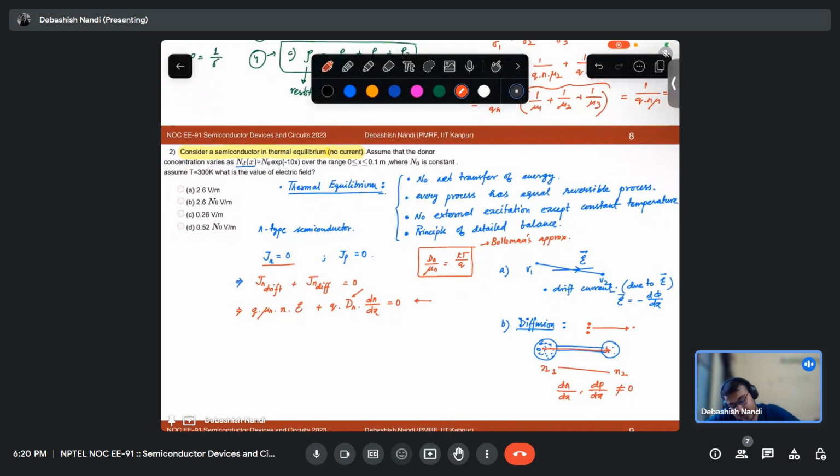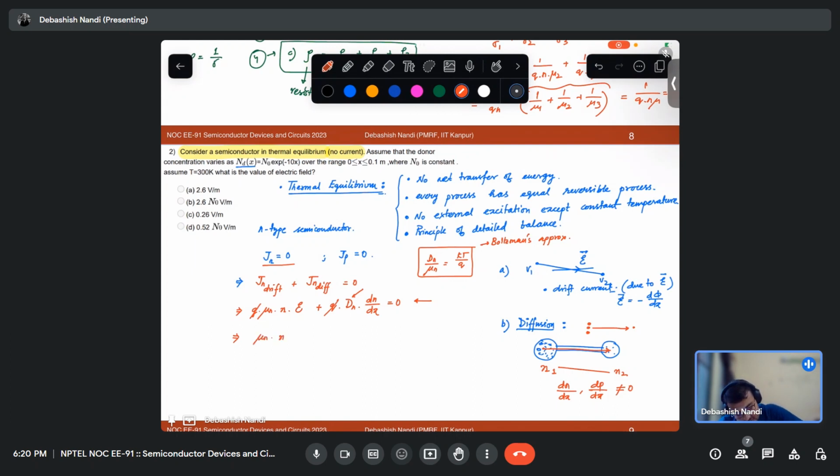Now it is told to assume that the donor concentration varies as this, where n0 is a constant, and we need the value of the electric field. Fine. So q gets cancelled. So what do I have?